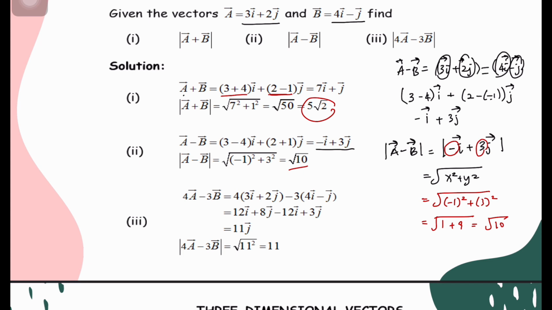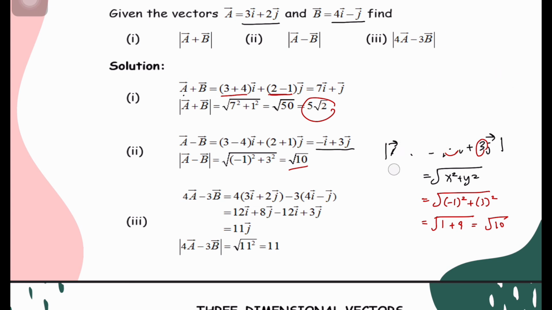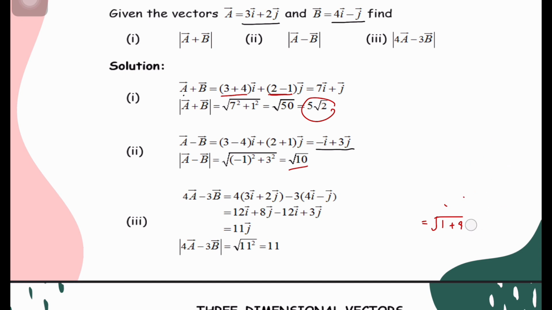Next we want to find the magnitude of 4a minus 3b. Before we can find the magnitude of 4a minus 3b, you need to find the vector 4a minus 3b. This is scalar multiplication, where we multiply vector a with scalar 4 and vector b with scalar 3.